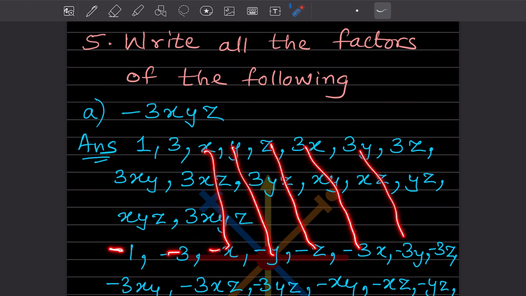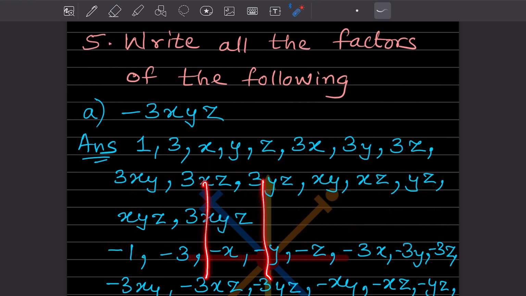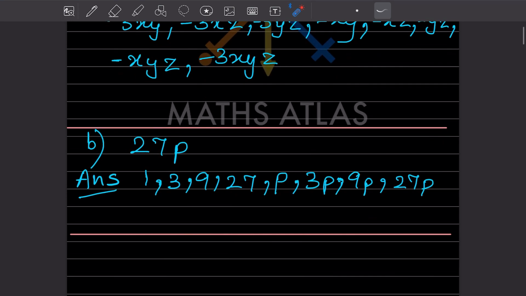So here, just put the minus sign over here. Clear? So these are all the factors of minus 3xyz. There are many, but when you are writing the factors, you have to be very careful. So you must have now seen why we kept this minus at the side for the first part. Now we will go for the next one.